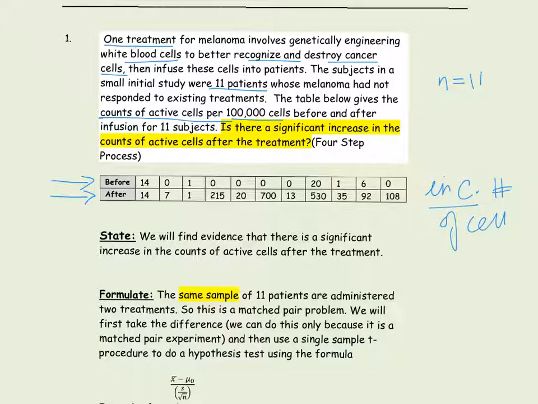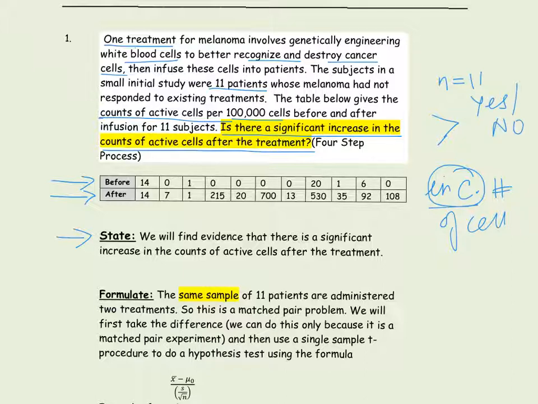So first let's write down the statement. Clearly it's a hypothesis test. It says, is there a significant increase in the counts? So clearly we are looking at an increase, which means we need to use at some point the symbol greater than. The question is answered by yes or no. Yes, there is an increase, or no, there is not.